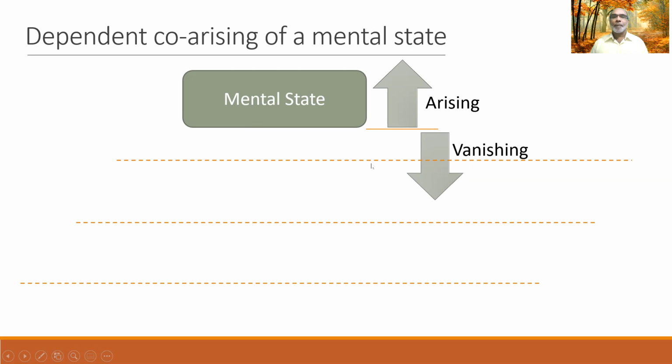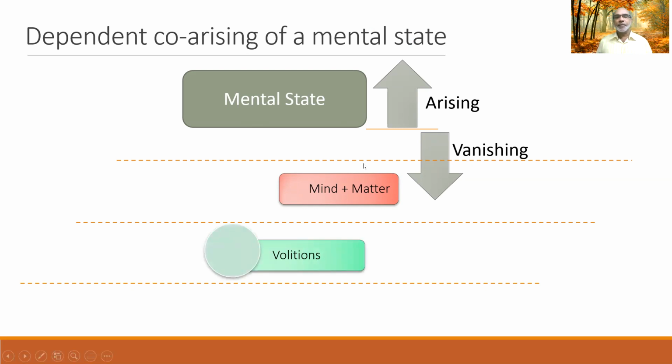And for a mental state to arise, we know the mind must be present. Mind plus matter must be present, and then a previous volition, willful thought, will be driving the mind, and at the bottom level we will have factors like craving and ignorance.